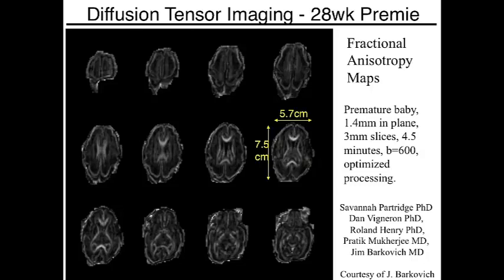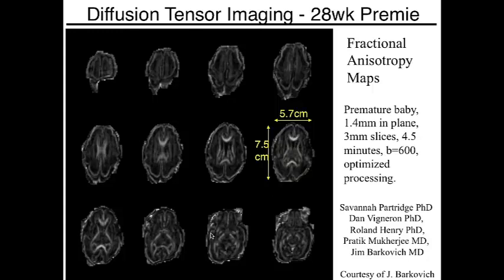Now with neonates, you can obtain diffusion tensor imaging, as I mentioned, and from that you can generate fractional anisotropy maps and even do color overlay. And it's important because with diffusion tensor imaging, when you look at other parameters such as anisotropy, you can see that the brain is not homogeneous on the anisotropy map, and really even though there is no myelin present at this stage in the supratentorial brain, you can see that there is more structured organization of certain tracts within the brain, even at 28 weeks.